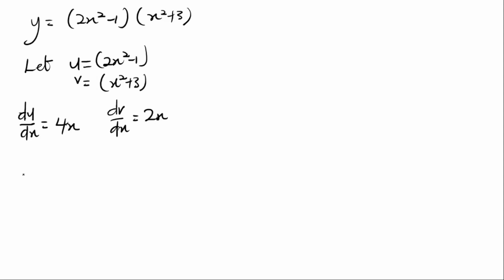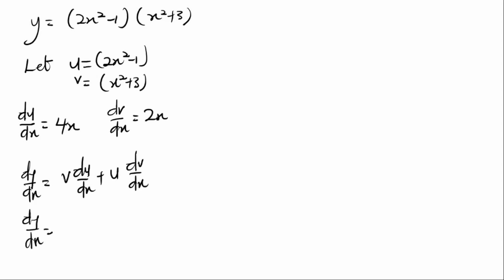So from here we can now quote our product rule. So from our product rule, dy/dx is equal to v du/dx plus u dv/dx. So from here our dy/dx is equal to, where is our v? This is our v. We have x squared plus 3.